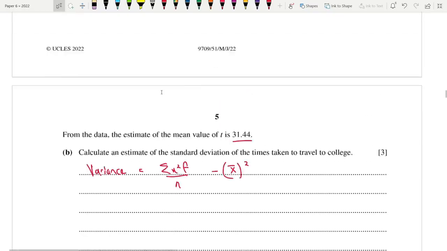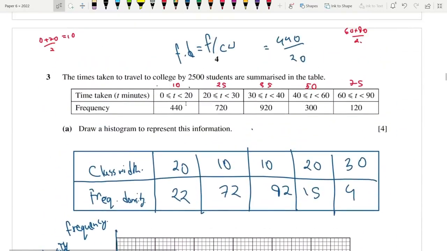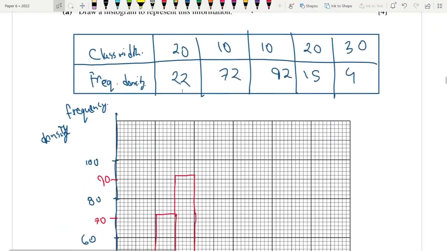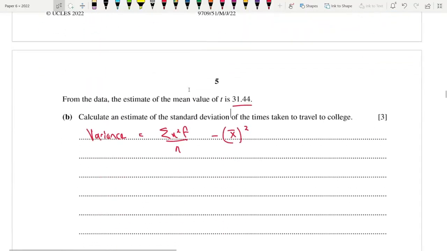So it's a summation of x squared f, where f is the frequency, and for a histogram or a cumulative frequency graph, the value of x is basically the midpoint that I've written here. It's basically the midpoints.